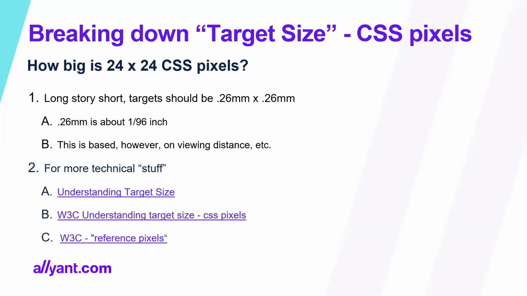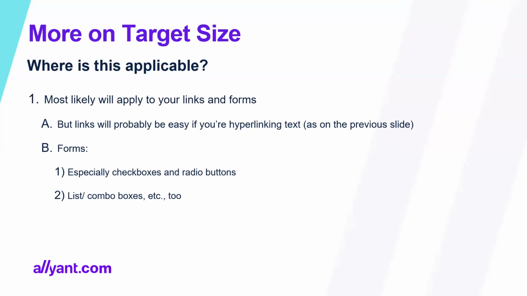Lots of great information from the W3C, and we're going to make those links available to you. But that's a little bit on the pixel size anyways, as far as the requirements, right? So 0.26 by 0.26 millimeters or 1/96th of an inch.